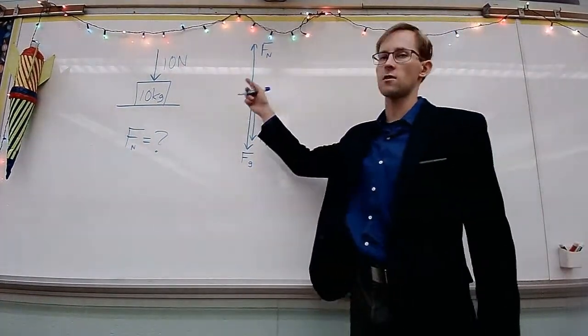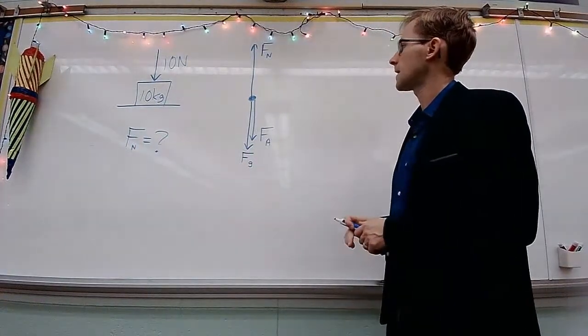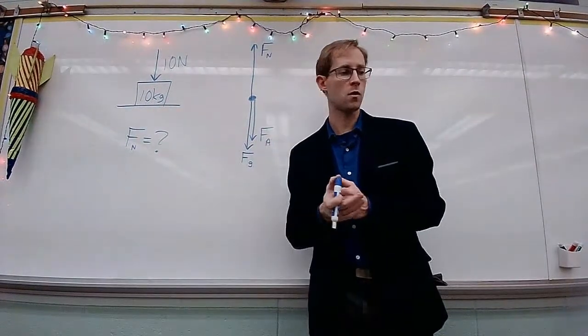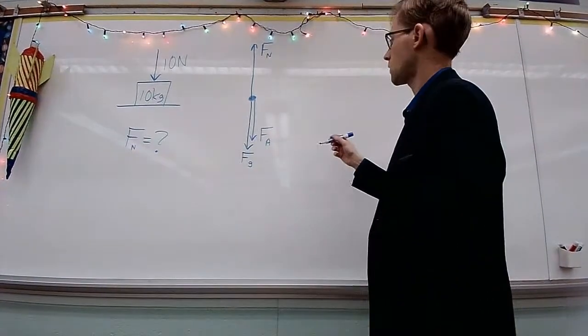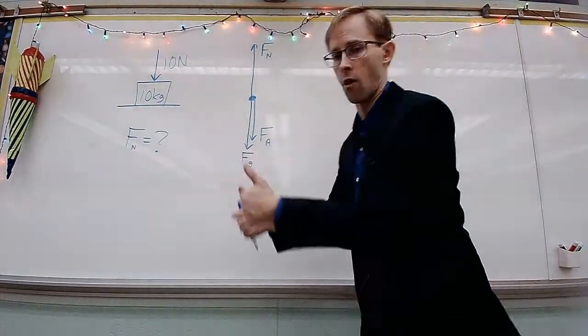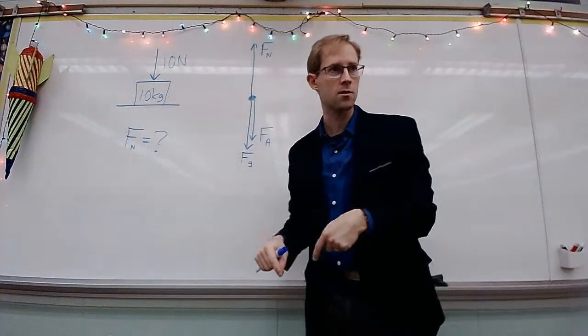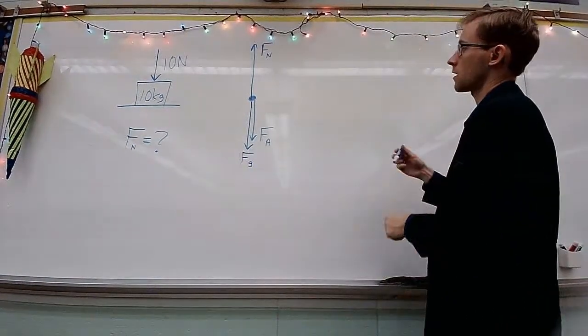Feel free to make your dots a little bit bigger so these arrows aren't so crowded. But once we're here, now we can use our force equation and try and figure out where to go. So in terms of a force equation, again, it's just all the forces go in one direction minus all the forces go in the opposite direction. And in this case, normal force is the only thing going up.